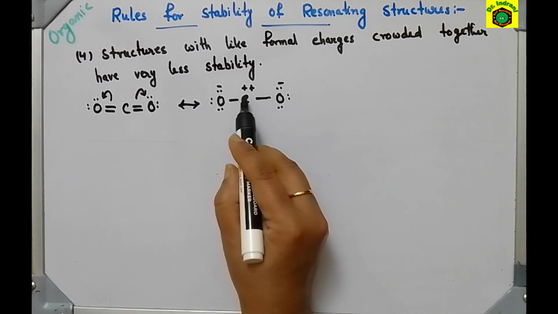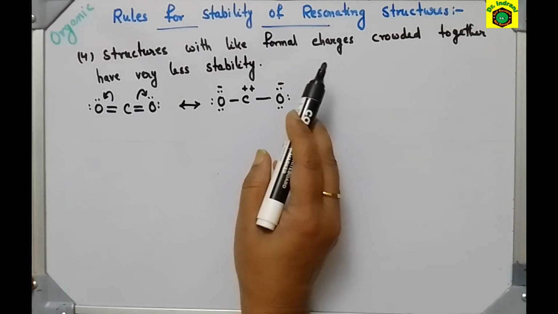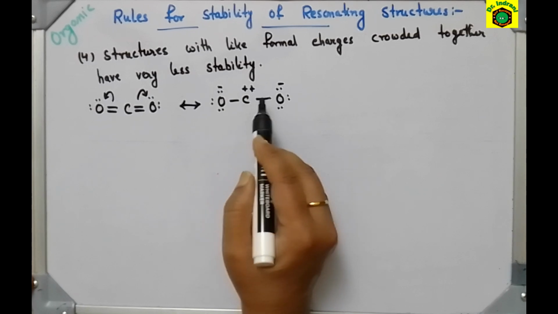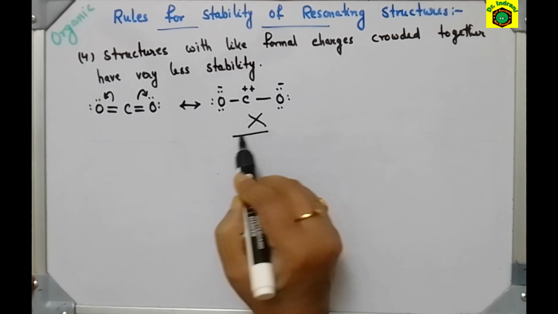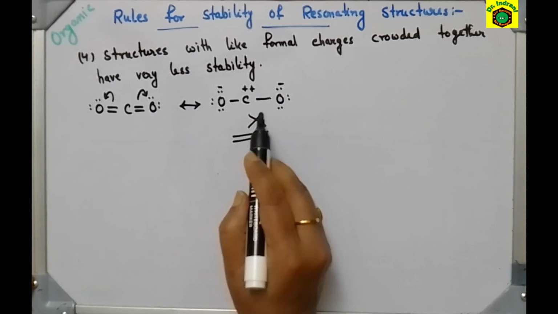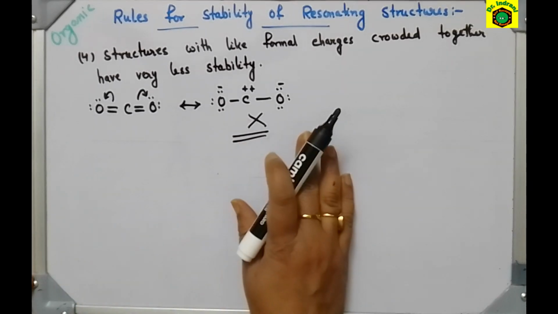So here same charges are crowded together. Structures with like formal charges crowded together have very less stability. These are not resonating structures of carbon dioxide. They are having very less stability.